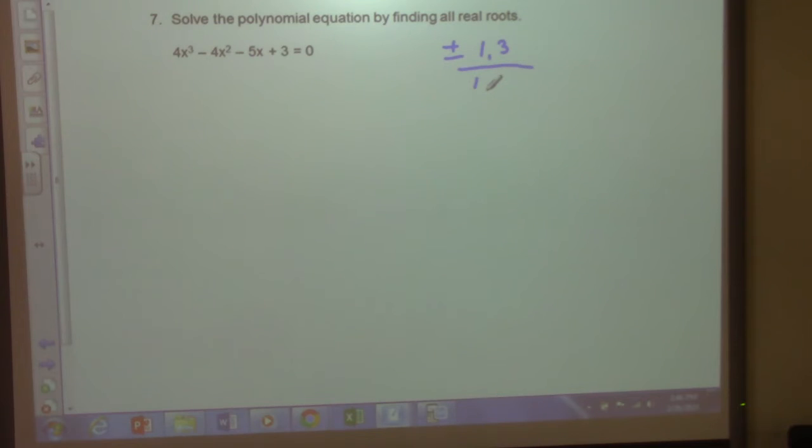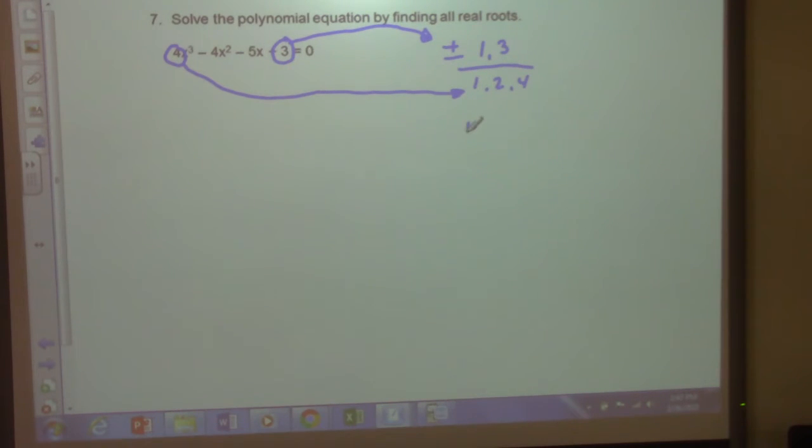So 1, 2, 4. Wait, where did you get that? Okay. Factors of what number are 1 and 3 factors of? Oh, okay, so that's where that comes from, right? What about the denominator? Your denominator is going to come from here, see? This has a little more complexity because of the possibility of fractional zeros.